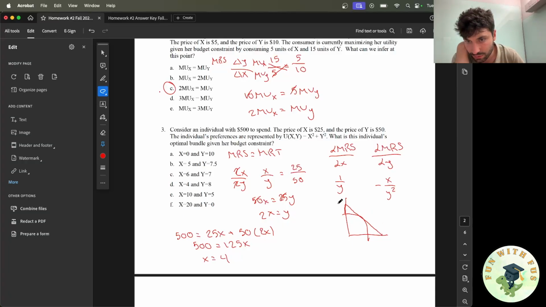But I can always move to a higher indifference curve. The tangency isn't actually the best case. If I move to a higher indifference curve, let's say this one, then I could intercept right there and I would still be on our original budget line. So we're good there, and I'm on a higher indifference curve, so I'm getting more utility.